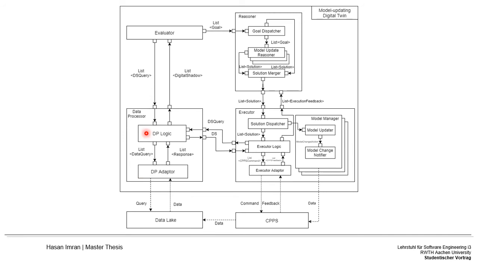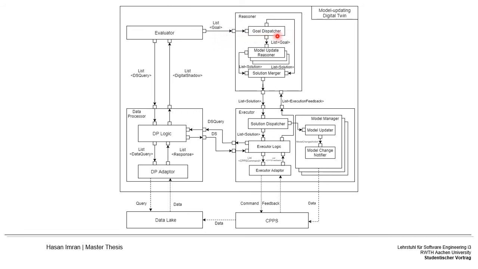The data processor logic takes as input the data query that it gets from the evaluator. It also then creates a data query which is sent to the data adapter, which gets data from the data lake, and then the data processor logic sends a digital shadow as a response to the evaluator, which is then used to create the goal.